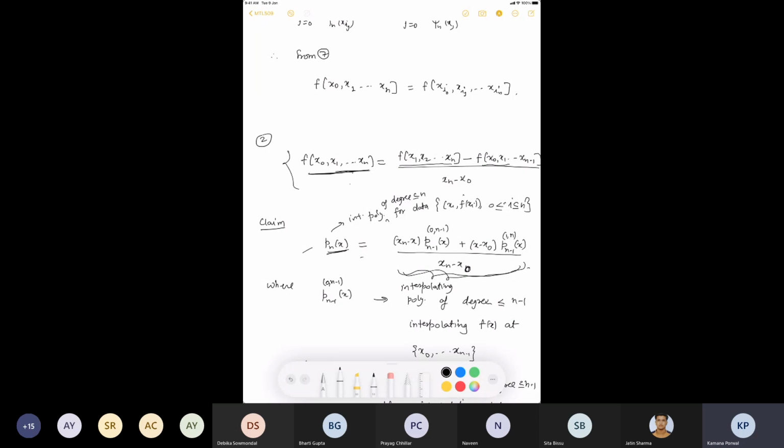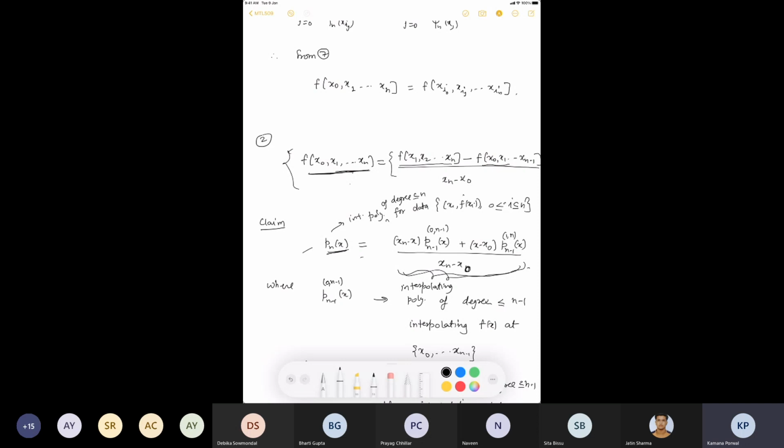One thing you can observe is that I have been taking the nodes as distinct, that is, all the xi's are distinct. Given any nodes x0, x1 up to xn, I can form these differences, take the divisions, and talk about the divided differences.